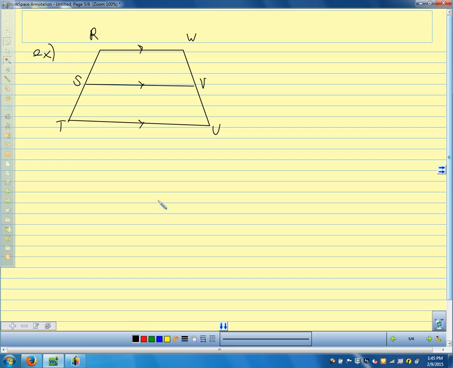All right, first off, before I set anything else up here, what kind of shape is this? Trapezoid. We have one pair of parallel sides.